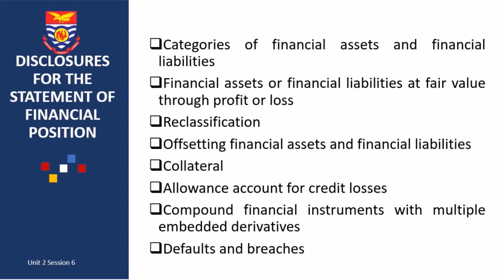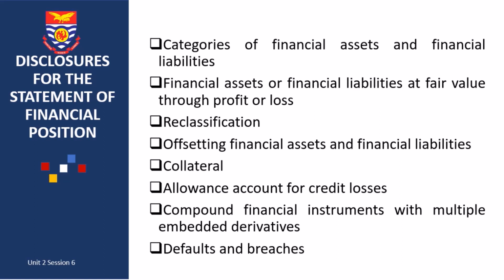Now you have to also disclose if there is any offsetting of financial assets and financial liabilities. So if you have offset financial assets and financial liabilities, you must also disclose this as an entity. You must also disclose if there is any collateral given in acquiring any of these financial instruments.